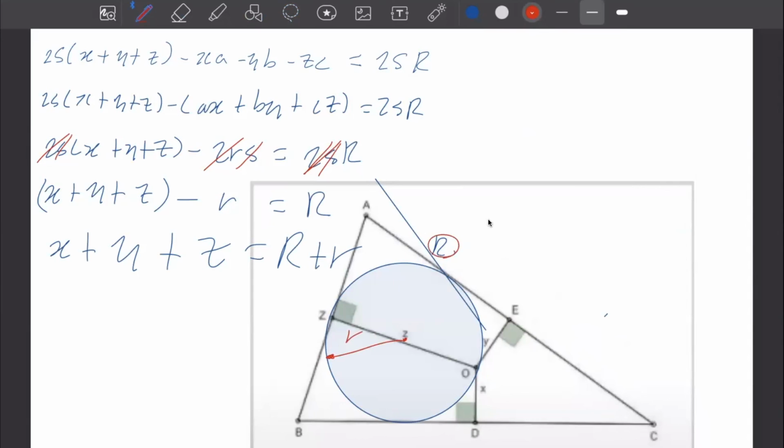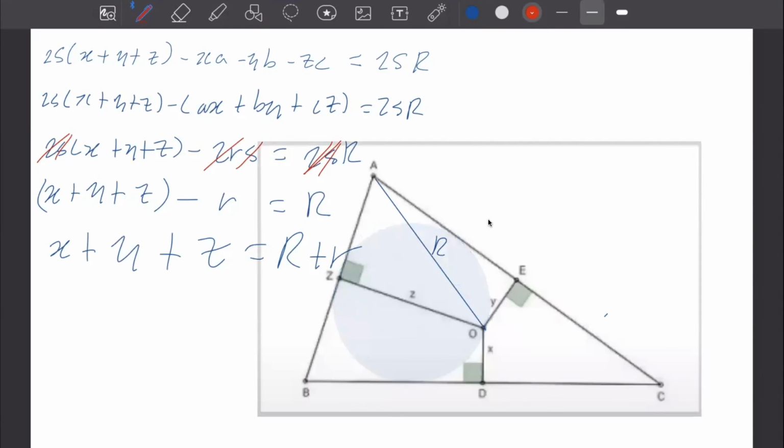This length, oh my god, we can say that this length plus this length is equal to x plus y plus z. That is the Carnot theorem in an acute triangle.